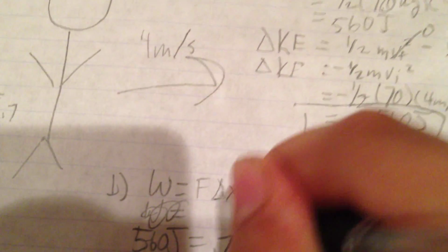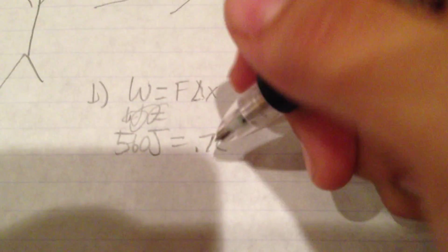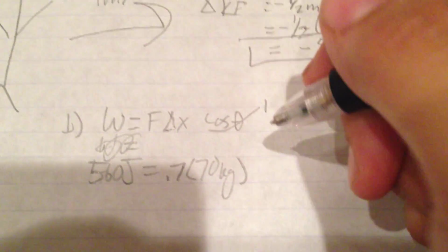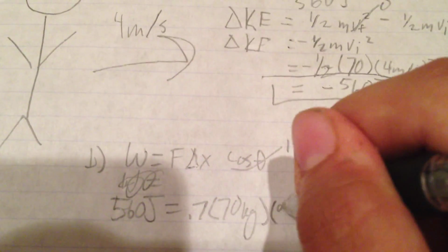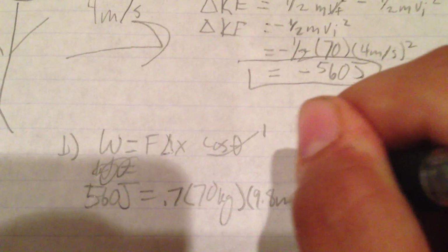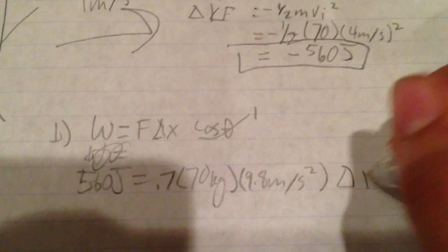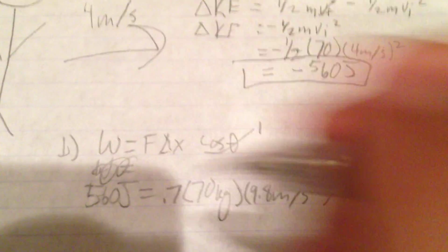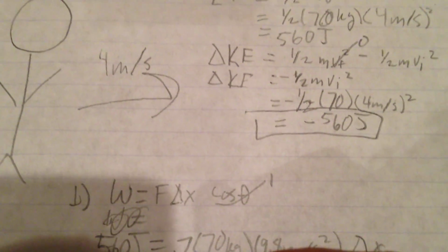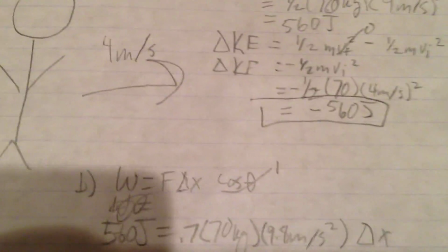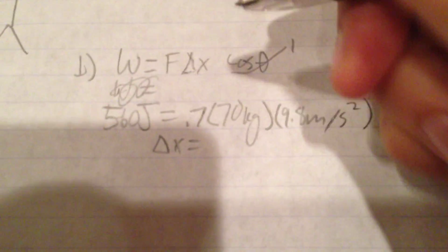So you have 0.7 times 70 kilograms, and then times 9.8 meters per second squared, and times delta x. And so when you multiply and divide all of this out, delta x ends up equaling 1.2 meters.